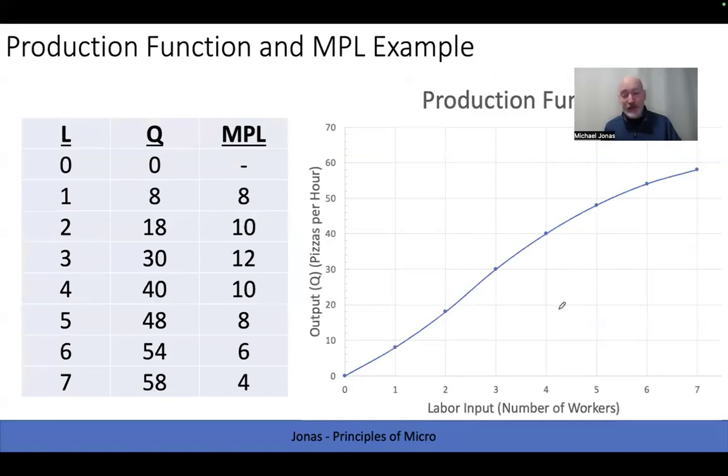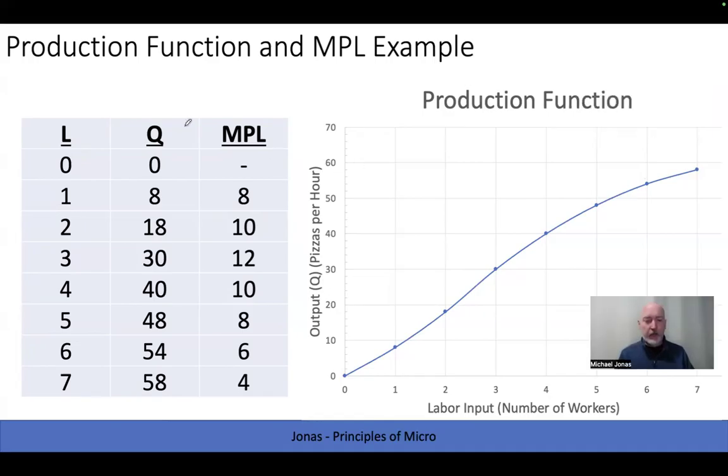So, what is this production function going to look like? It might look something like this. So, always nice to throw some numbers at it. What we have on the left here, just a little table, labor and output, and the associated marginal product of labor.